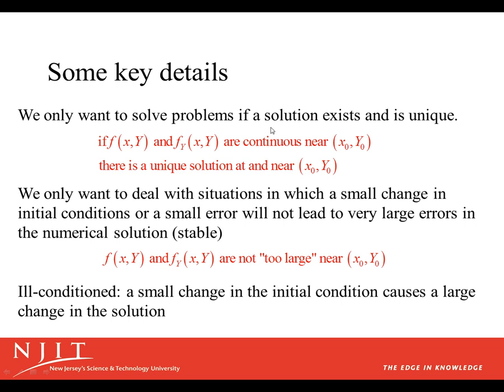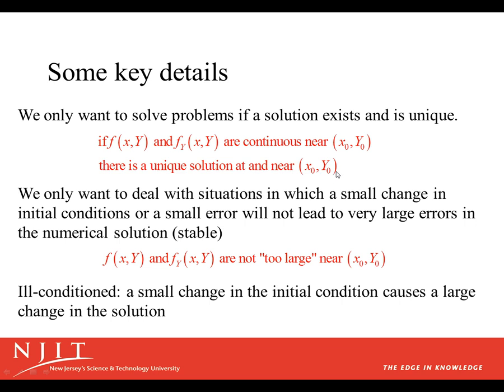We only want to solve problems if a solution exists and is unique. We don't want to solve a differential equation that has no solution. We don't want to attempt to do that and spend our time trying to search for a solution that doesn't exist. If f of x and y and f sub y of x and y are continuous near our initial point x naught, y naught, there is a unique solution at and near x naught, y naught.